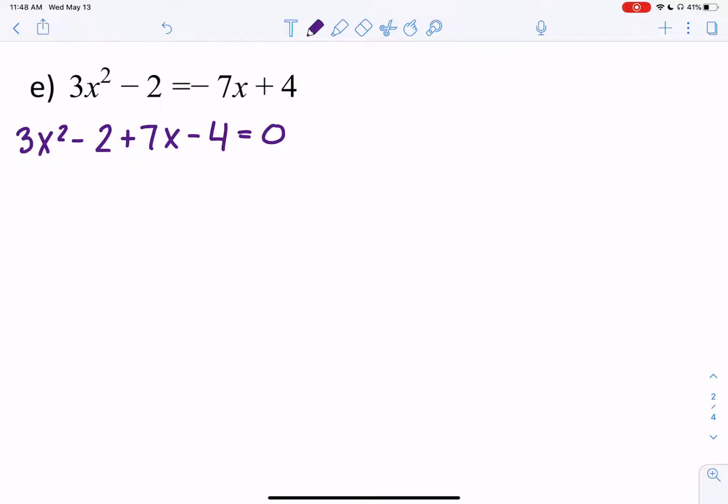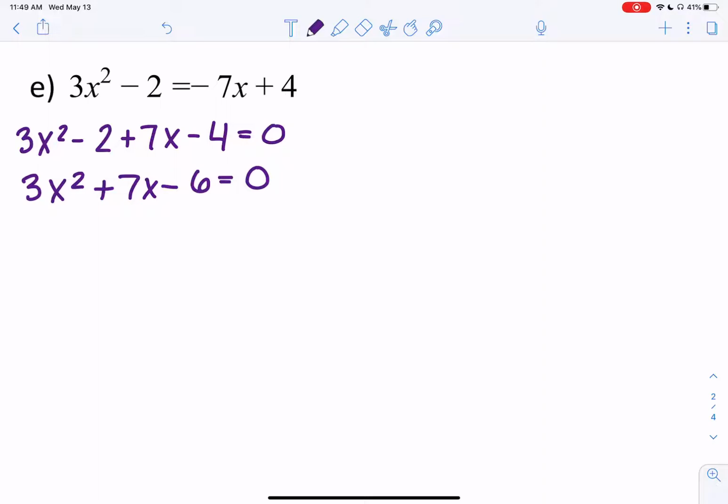Once we move everything over, I'm just going to collect some like terms and make sure all of our terms are in the right order. We always want to have x squared, then x, and then no variables. And now we're all set to start the solving process.